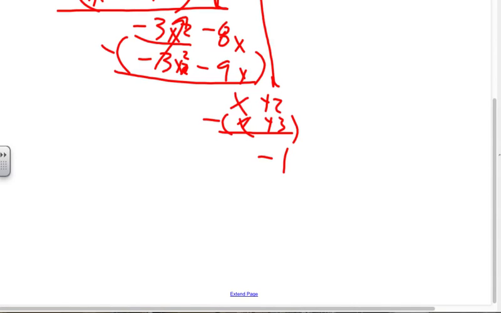So what I end up with from the top is x squared minus 3x plus 1 minus my remainder of negative 1 over my denominator, which was x plus 3.